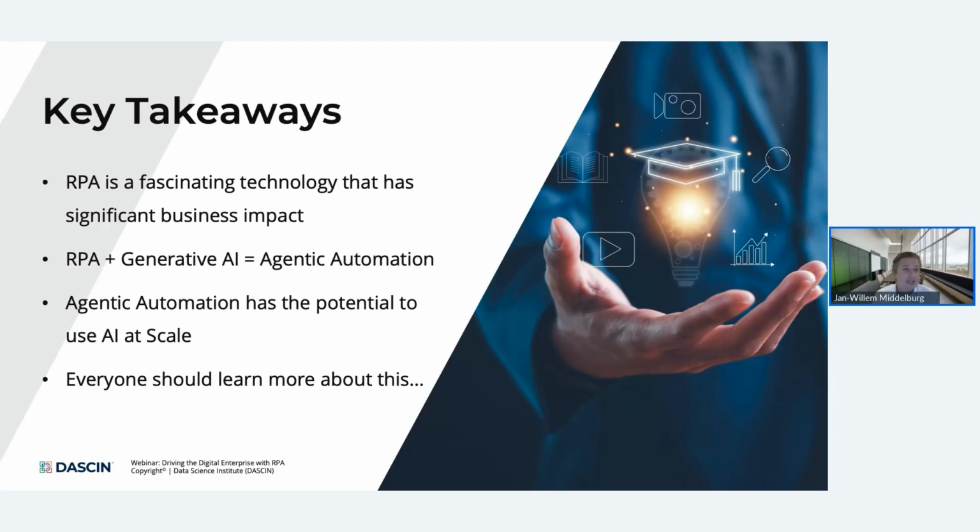And that has the potential to use AI at a scale that you've probably never seen before. And it's my strong opinion that everyone in the IT domain should know a little bit more about this, because it's significantly transforming the way that organizations act, but also the benefits that you can get out of your process organization.